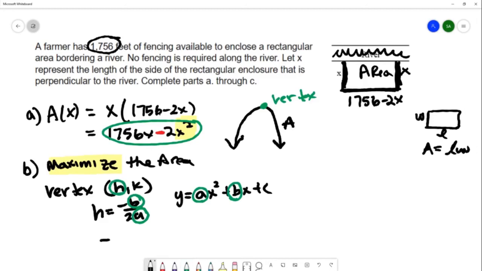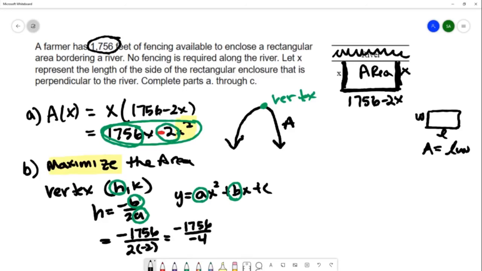So that will give negative 1,756. That's our value of b. b is the coefficient of the x term. And then negative 2 is a, the coefficient of the squared term. We'll do 2 times negative 2 to get 1,756 over negative 4.